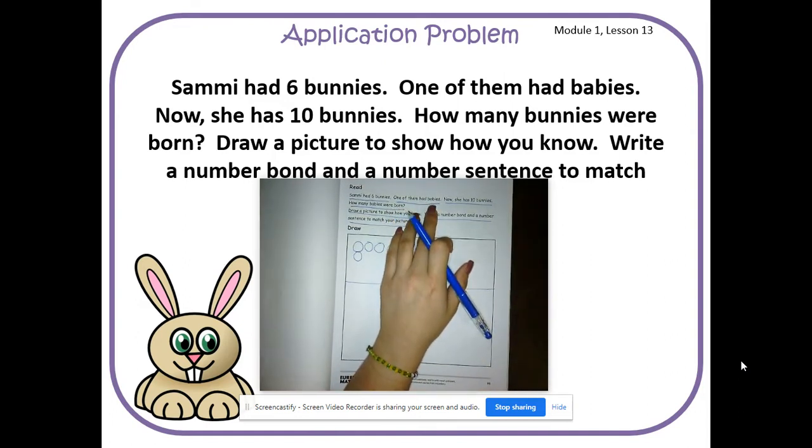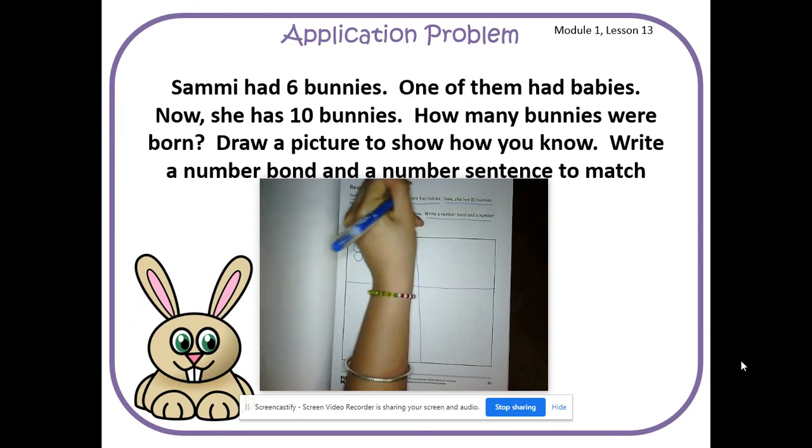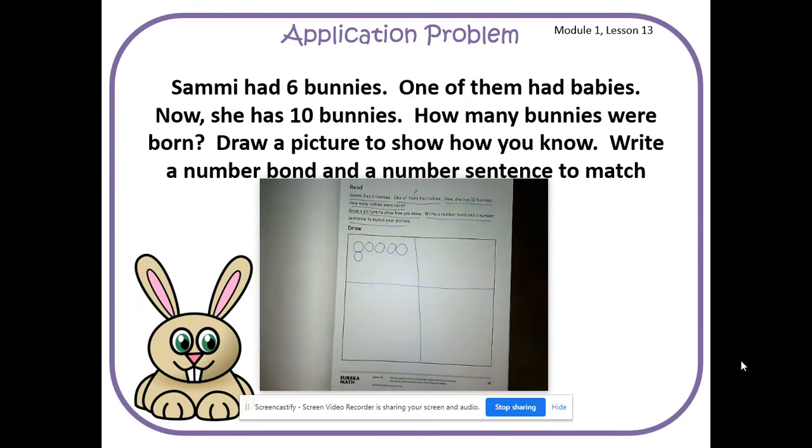Does one of them have babies? Does it tell us how many babies it had? Get ready. No, right? We don't know. That's our mystery number. So we could put a question mark there to show that that's the number we do not know.